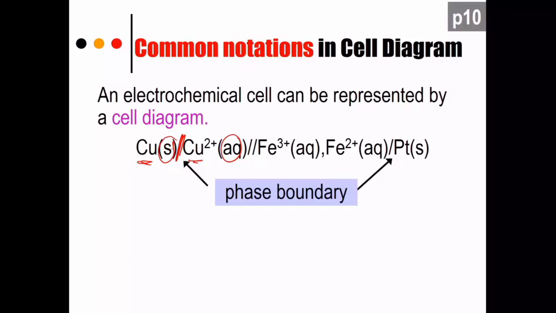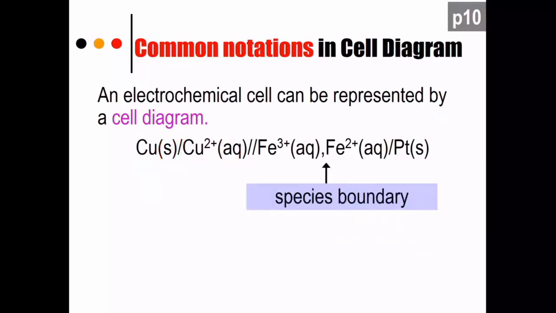Or if your two species are, for example, Cl2 gas and Cl- aqueous, same thing, I need to separate them with a slash. So as long as they are of different phases, you must separate them with a slash or one vertical line.